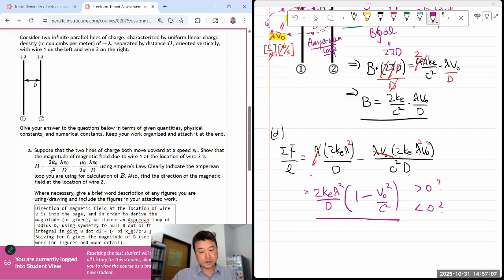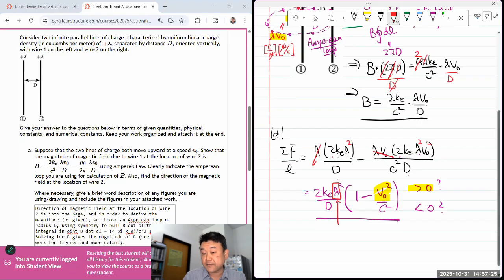So here, the force apparently depends on velocity, and that's frankly because we don't know enough physics. There's a modification that enters the expression for lambda, 2 lambda, through Lorentz contraction.